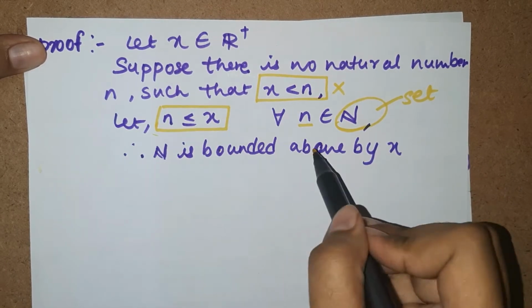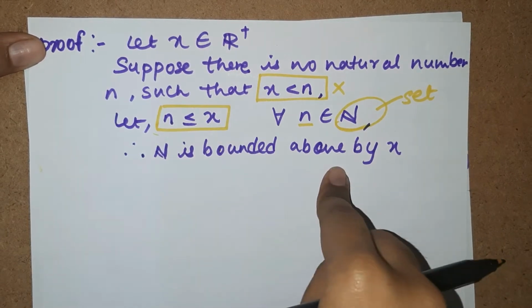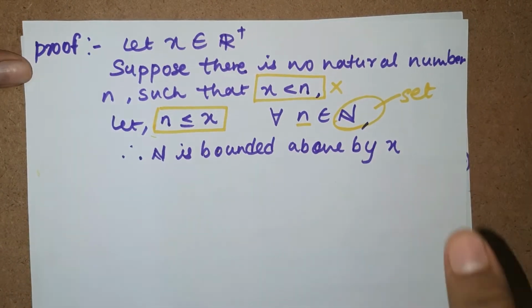That's why N is bounded above, or x is the upper bound of N, which is nothing but N is bounded above by x.